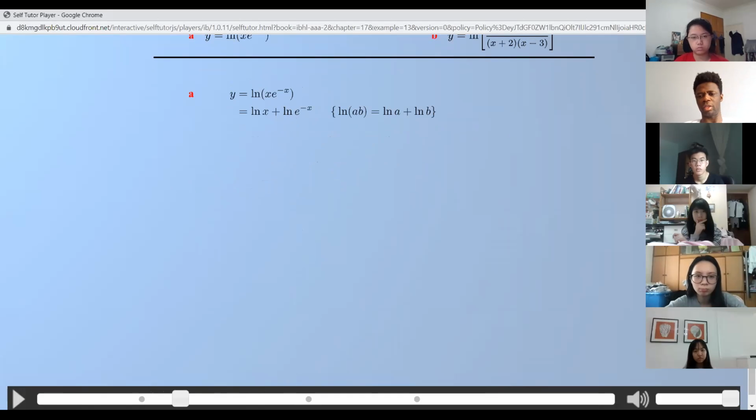So consequently, as a result of that, minus x can go to the back by the law of logarithm, right? And logarithm of e to base e is 1. So that is why the next thing that was written is simply x. Can you see? That's why we have that.